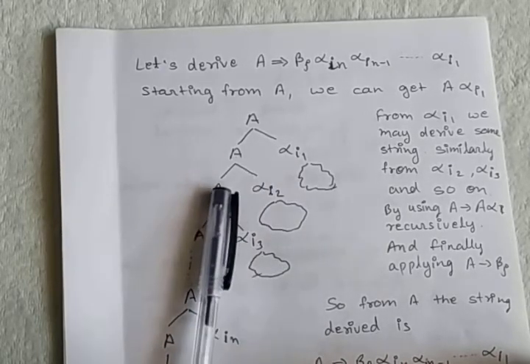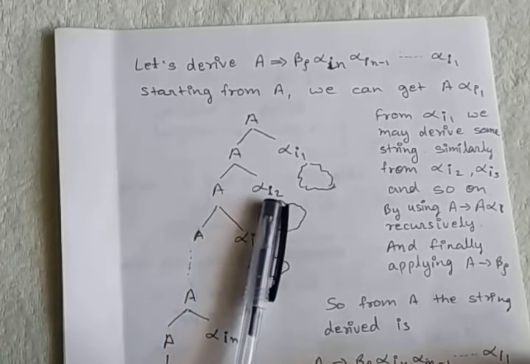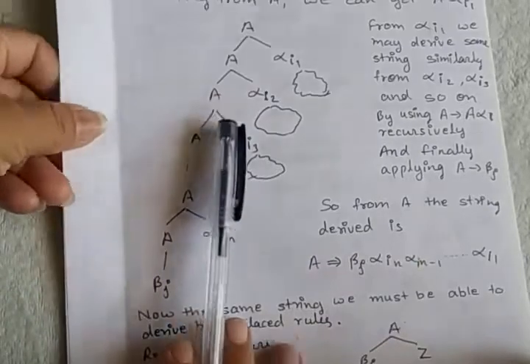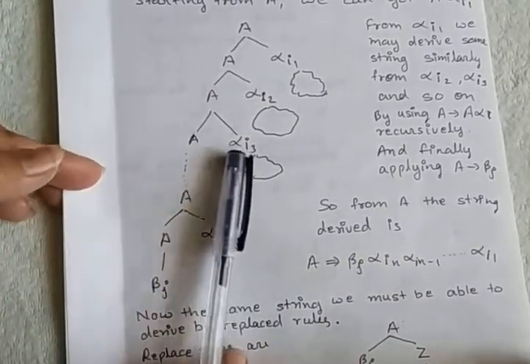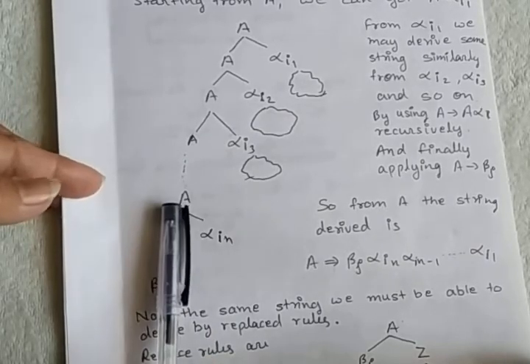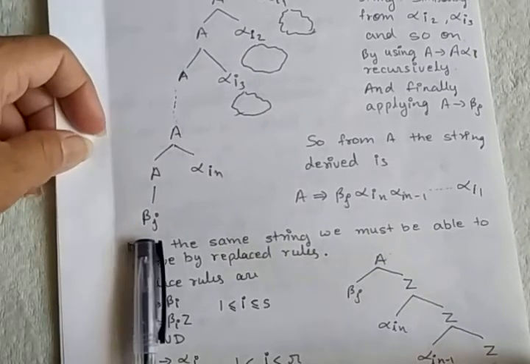Again from A, we can derive A alpha i2. Similarly, from A, we can derive A alpha i3 and so on. And finally, we can replace this A by beta j, right?